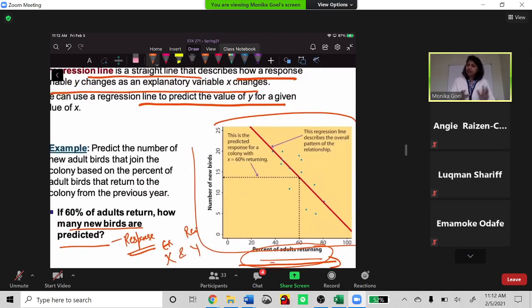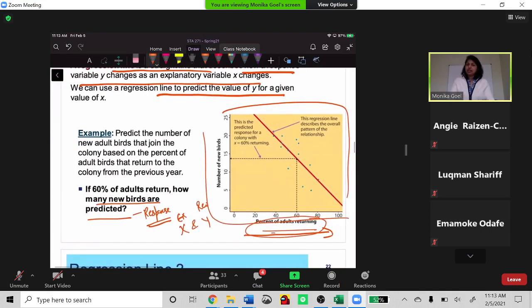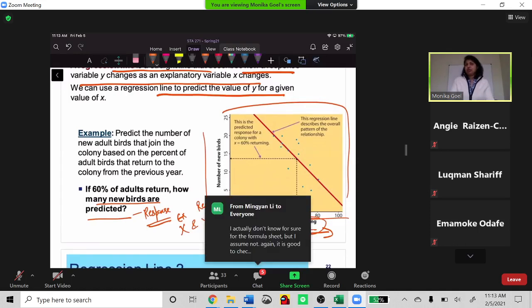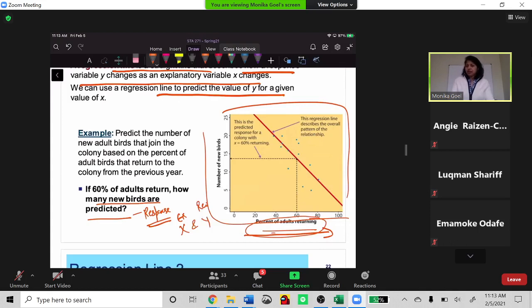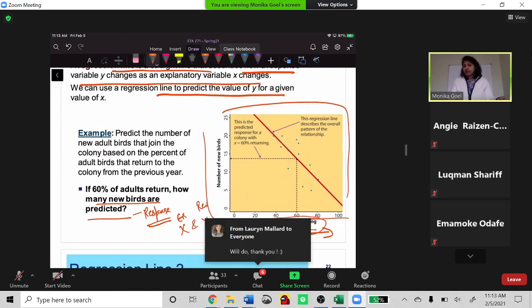Correlation still gives you a linear relationship, but when we talk about a regression line, you should know what you are predicting, and that is your response, and the other is your explanatory variable. Again, if there is no correlation, you cannot do regression, because with correlation you see a linear relation, right? So when you have a linear relation, only then can you fit a line and try to predict the values. But if there is no correlation, no matter how strong the relationship is, you cannot do regression.